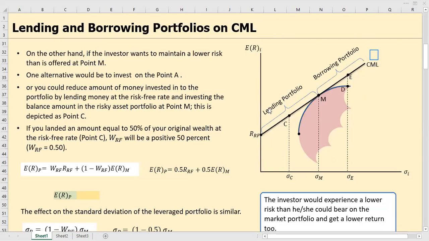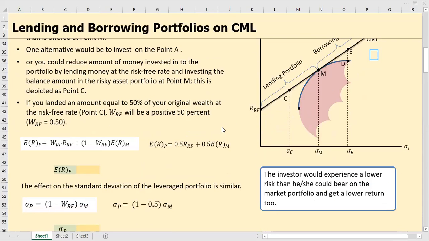So if that is the case, again, as earlier, we have these two formulas, same formulas. So we have 0.5. This time it is positive because we are going to lend. We are not going to borrow.